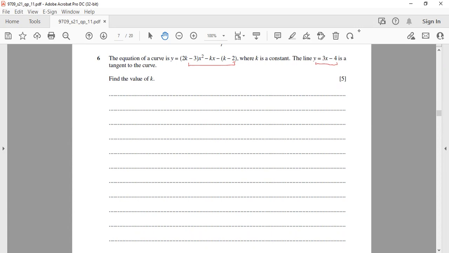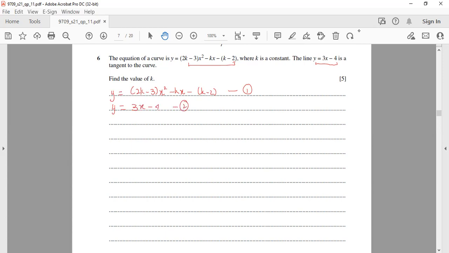So let's write down the two equations. Equation of the curve, y is equal to (2k minus 3)x squared minus (k)x minus k minus 2. Equation number 1. The equation of the line is y is equal to 3x minus 2. Equation number 2.